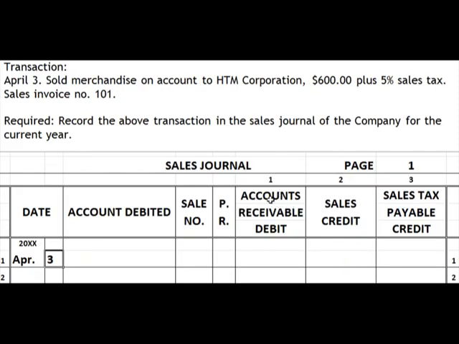Since accounts receivable is already in the heading of the sales journal, we will not include that in the account debited. We will just write here the name of the company, which is HTM Corporation. For the sale number, it will be 101 based on our example.